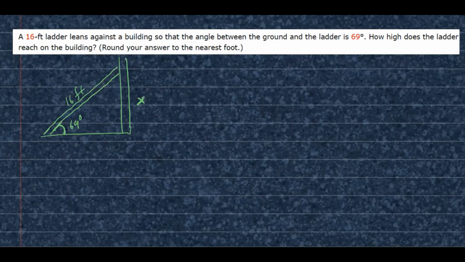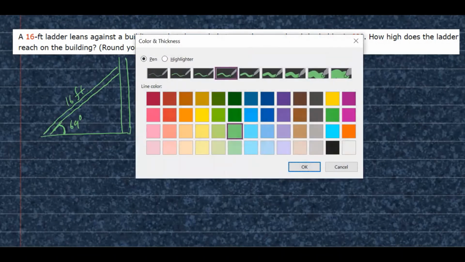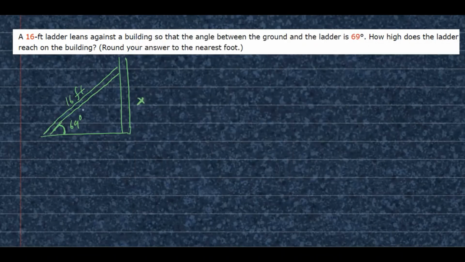Okay, so what we're going to do here is use a trig ratio that we can use to relate what's given to us. We're going to label our opposite, adjacent, and hypotenuse. As you all know, if this is the angle, across from it is the opposite side.